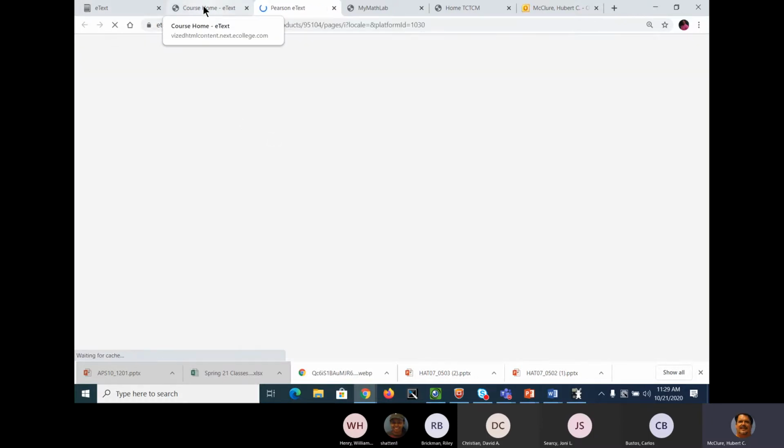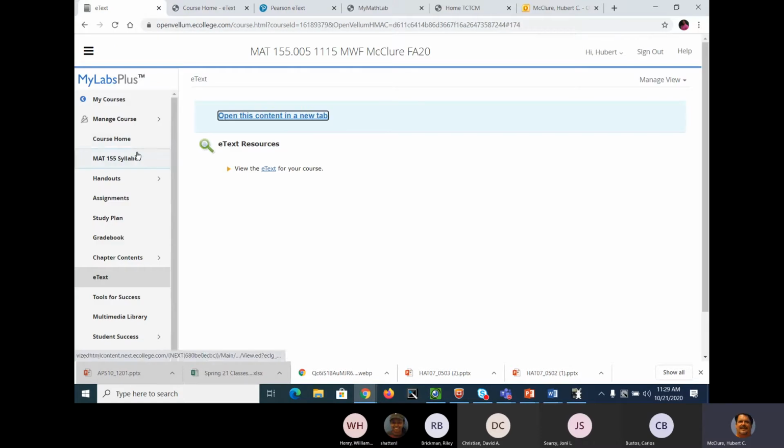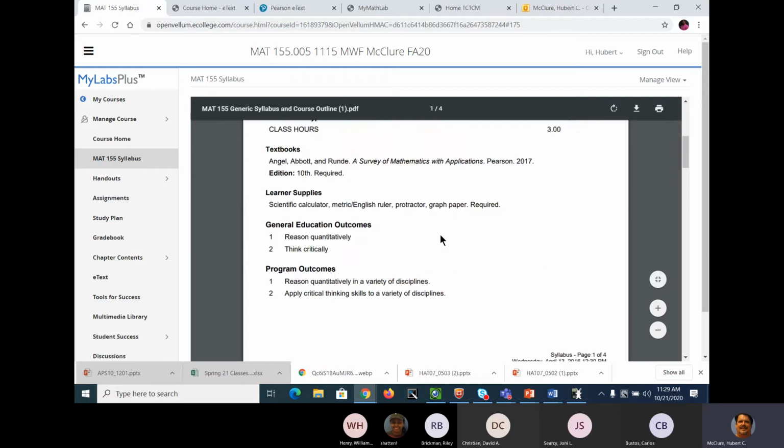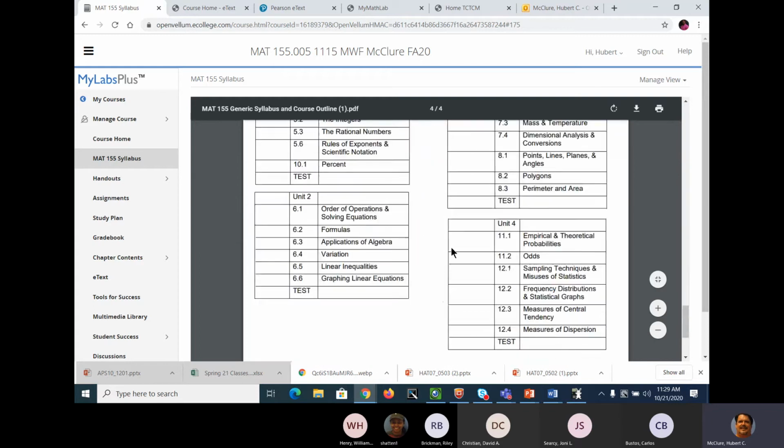Let me look for the syllabus again. I think we go to 12.4. Yeah, well, there's right now. Sampling techniques and misuses of statistics. That's all reading. And then these 3 sections right here are all about the math and being around the center. Okay, so I did number it correctly.